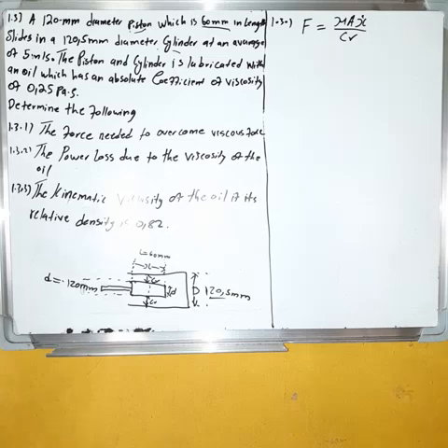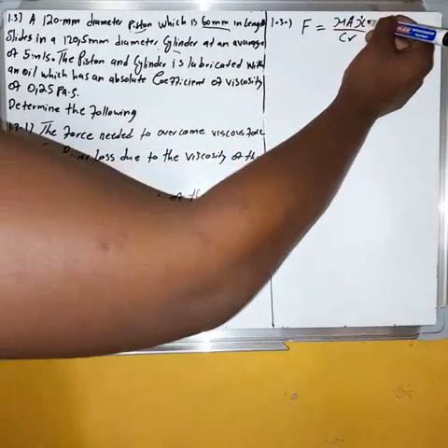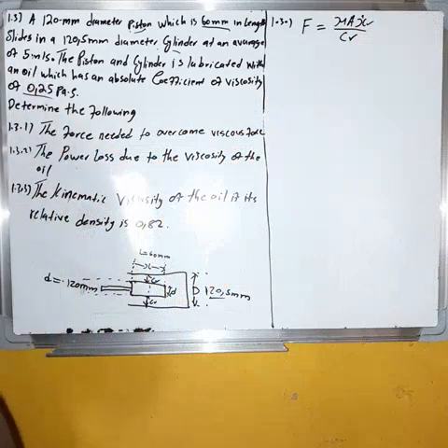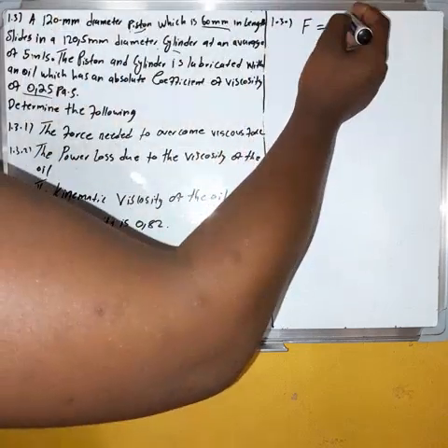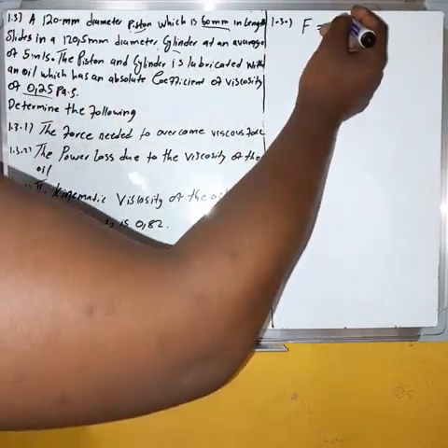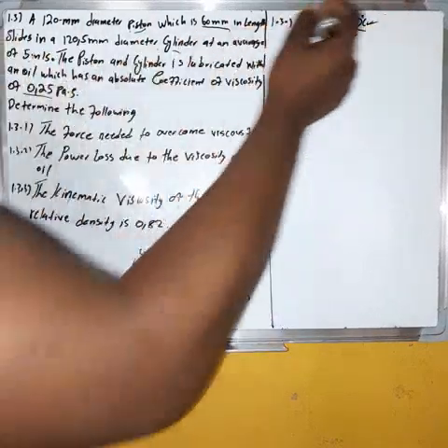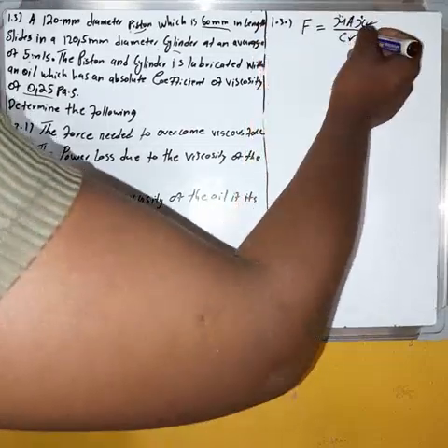We are given the coefficient of viscosity here, 0.25, and we have the velocity, which is 5. We don't have the area, we don't have the clearance.